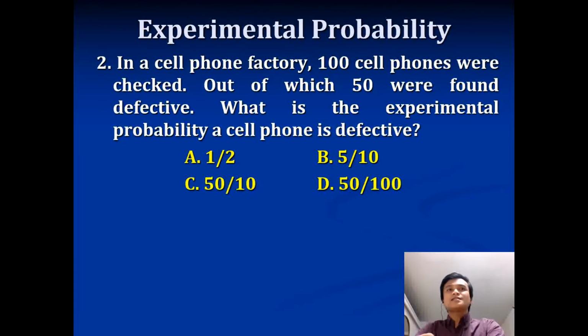Next, in a cell phone factory, 100 cell phones were checked, out of which 50 were found defective. What is the experimental probability a cell phone is defective? A. 1/2, B. 5 over 10, C. 50 over 10, or D. 50 over 100. Okay, you write the letter of your correct answer.